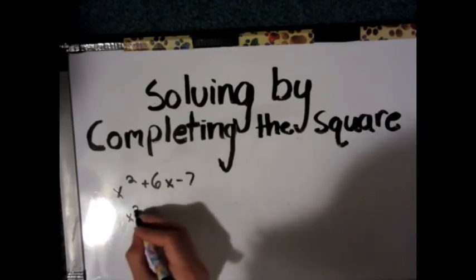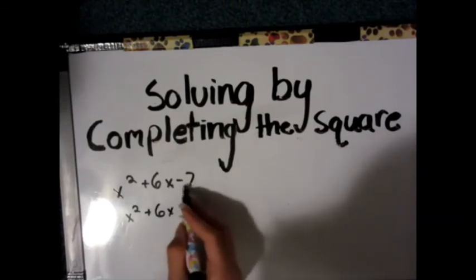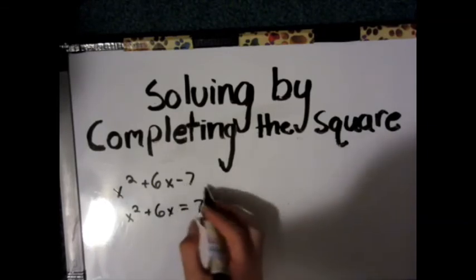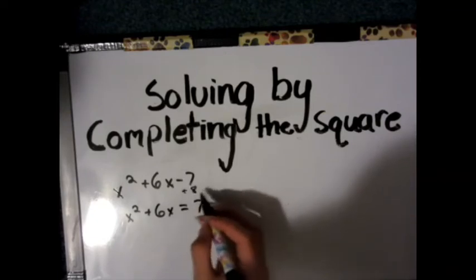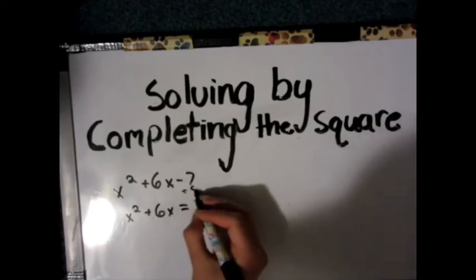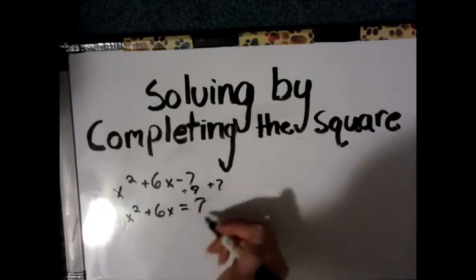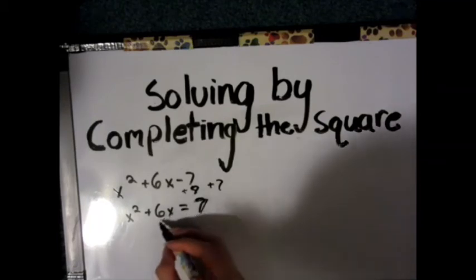So again, we're going to want to rewrite it with negative 7 on the other side. So to cancel it out, not plus 8, plus 7 on both sides, and you get positive 7 over here. Alright.